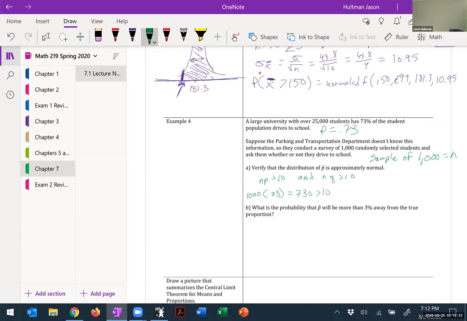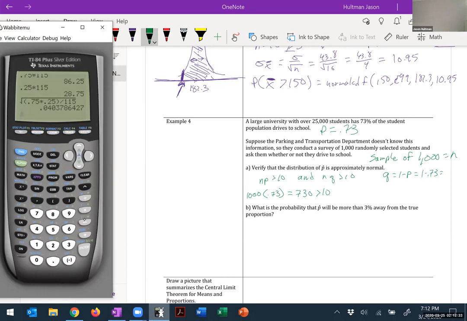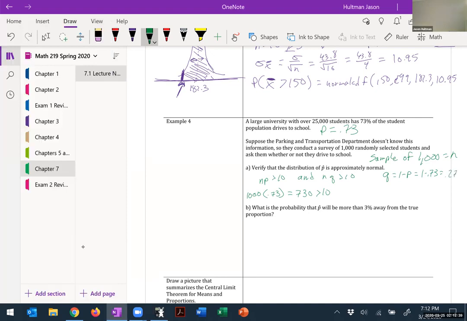Q is equal to 1 minus P, which is 1 minus 0.73, which on the calculator is 0.27, what we were working with before.